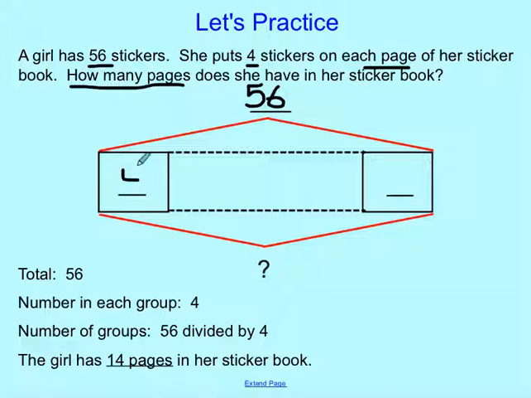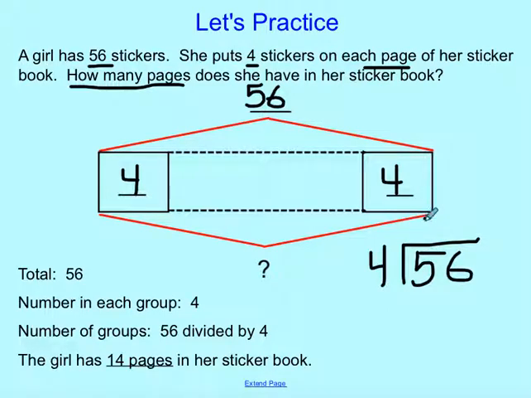So instead, we draw a box to begin and a box to end, and we know that each one of those boxes represents her pages. There are 4 stickers on each page. So we're going to take our total of 56 and we are going to divide it by the 4 stickers to find out how many pages she needs in her sticker book.